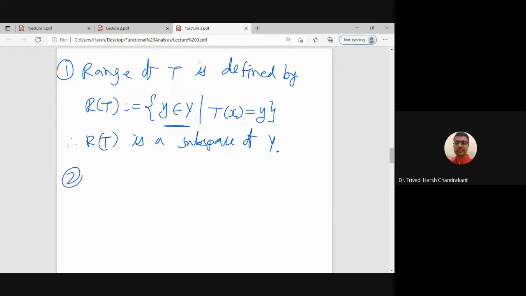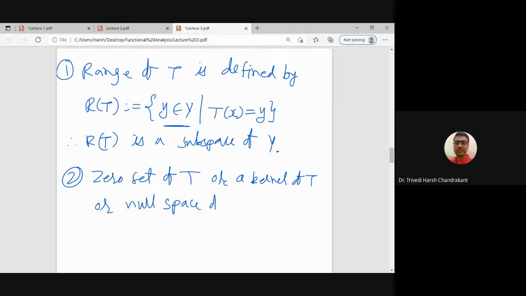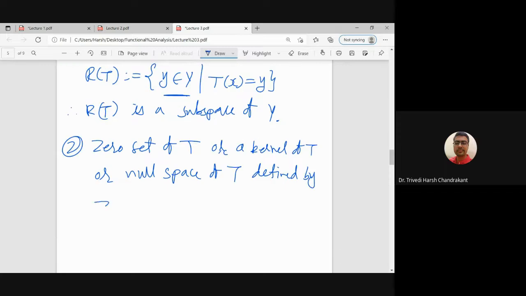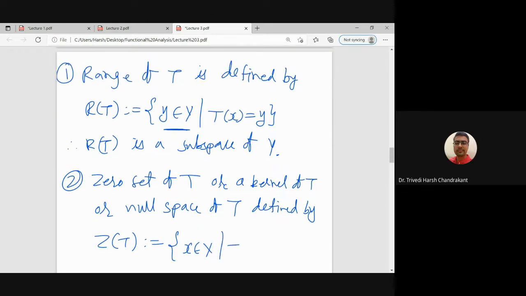So this is the first example. Second is the kernel. So the kernel of T, or zero set of T, or the third name is null space, is defined by, so the zero set we defined as the set of all elements in X such that T(x) = 0.